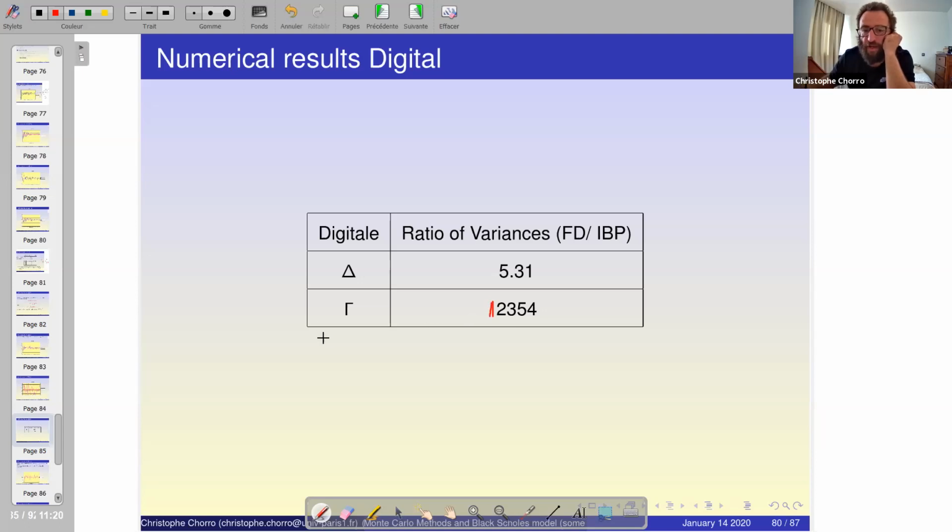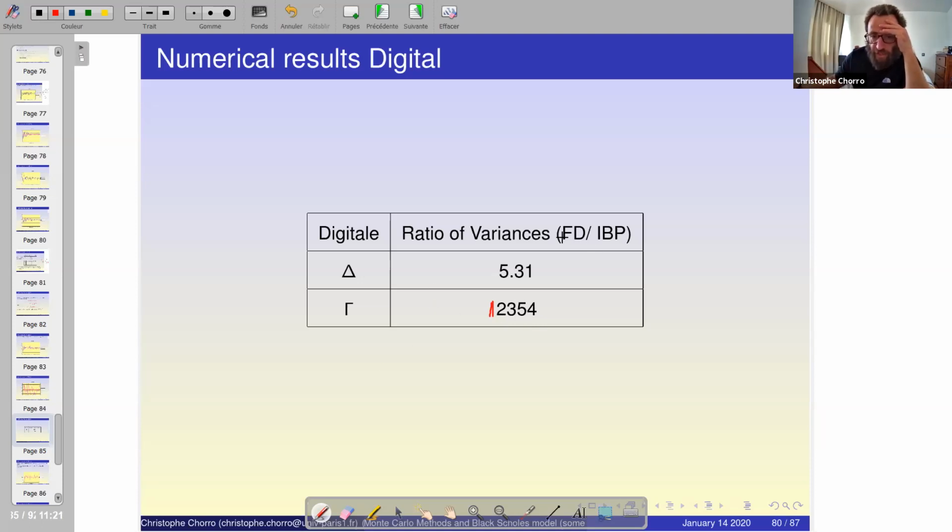And a number that is really impressive is this one, the ratio of the variances in the case of the gamma, which is equal to this one, let's say around 2000. So just have a look at the meaning of this order of magnitude.